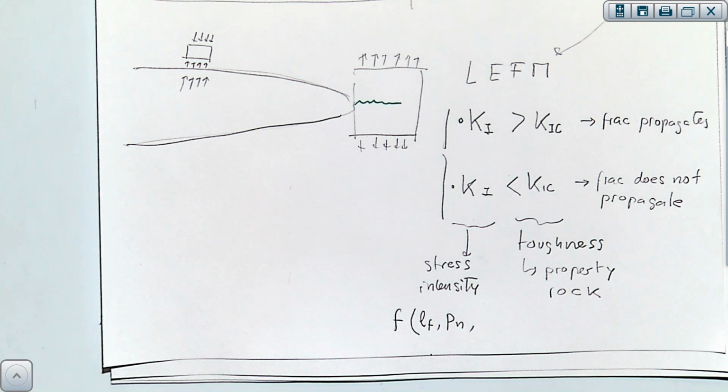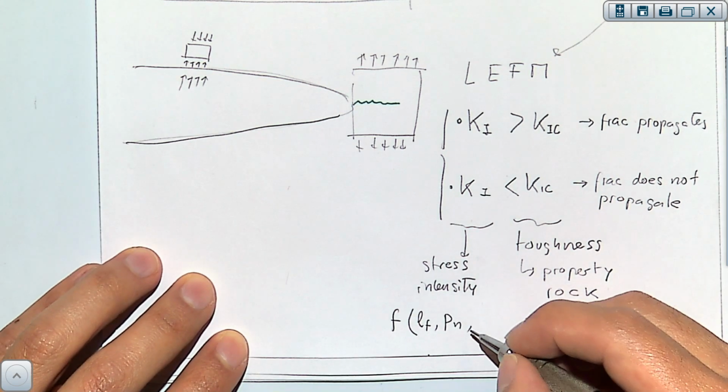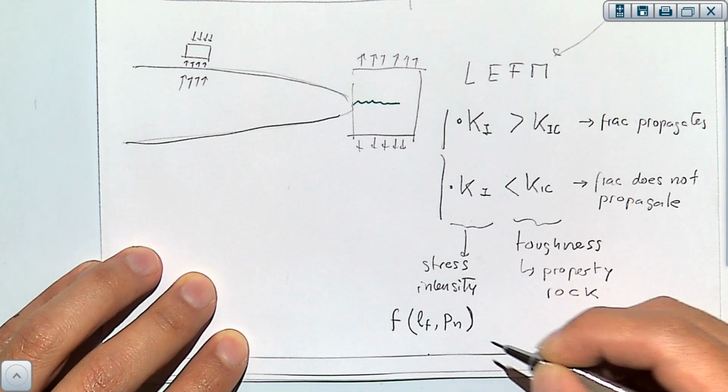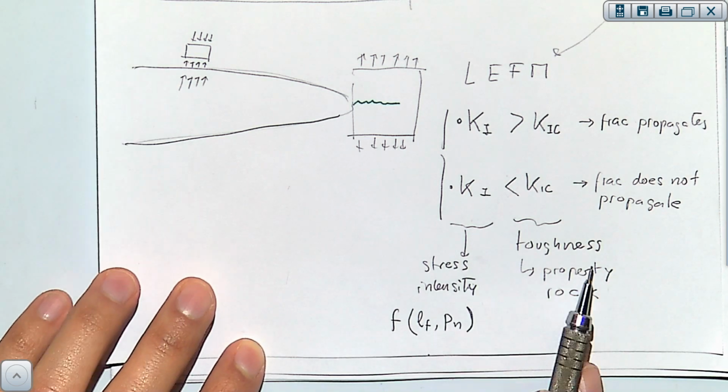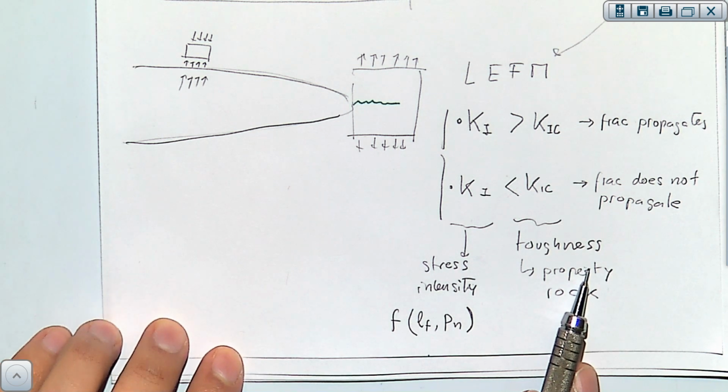Let me check if I forgot anything. No, at least for ideal conditions, or at least for a fracture with constant pressure, that's it. So this is what you impose, or this is the variable, this is what the rock has.